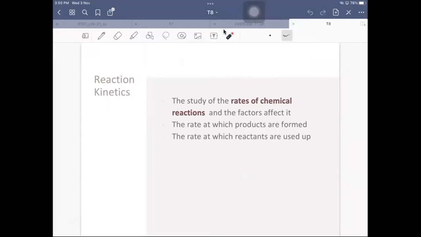Basically, whenever you hear the term kinetics, you should automatically think about it being a study of the rates of chemical reactions and the factors that affect the rate at which the products are formed, or the rate at which reactants are used up. So basically rates of reaction and the factors that affect it.